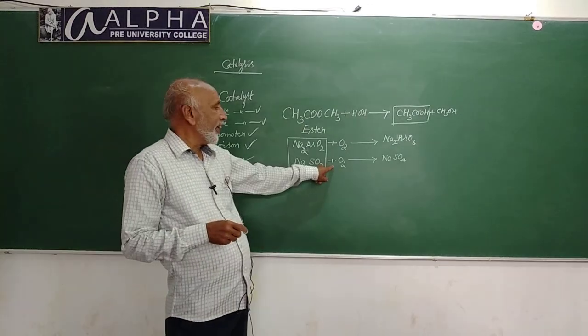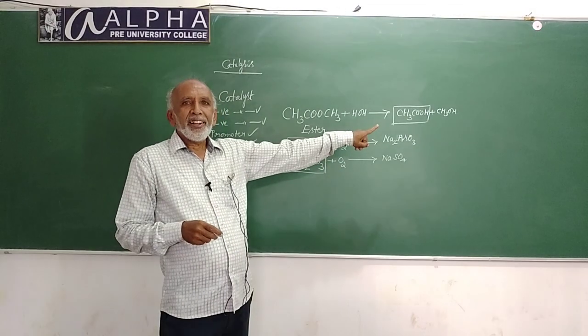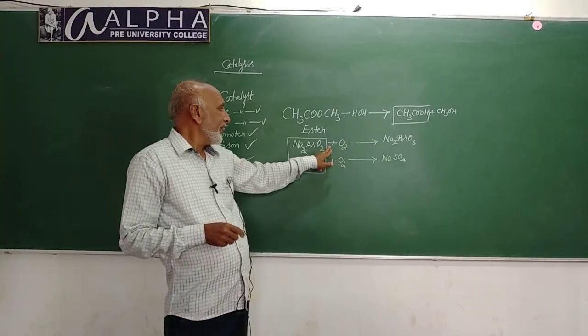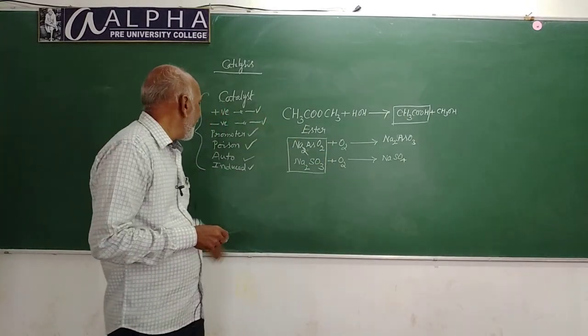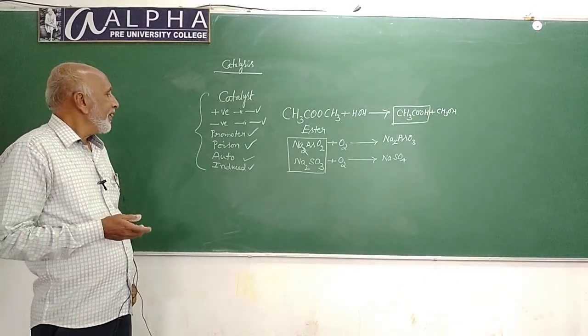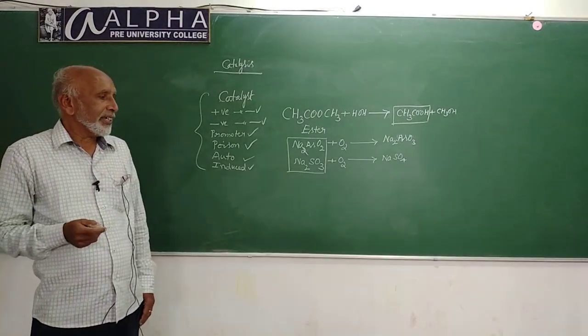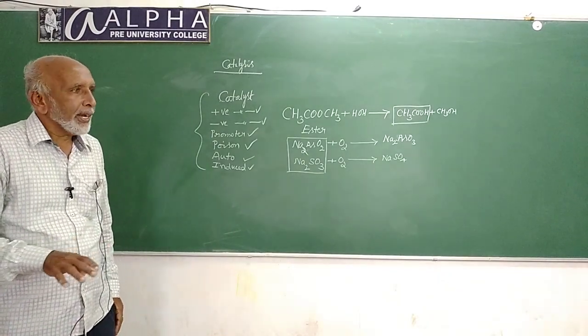Here, this reaction induces the other reaction to undergo. Otherwise, as such, that reaction does not take place. These are the important terms that come in catalysis. Next, we shall see types of catalysis.